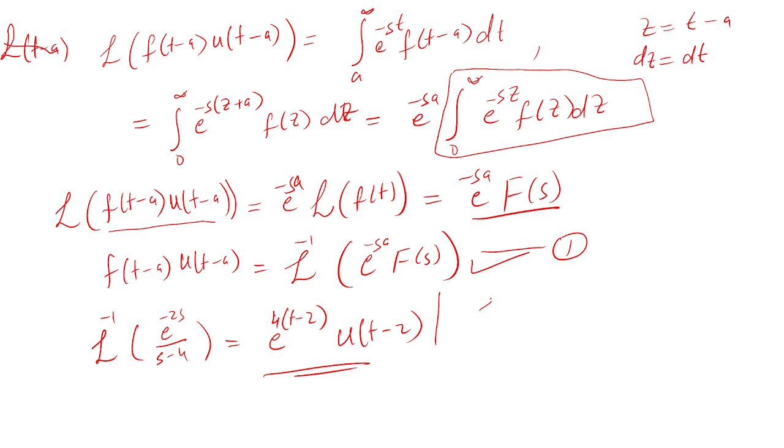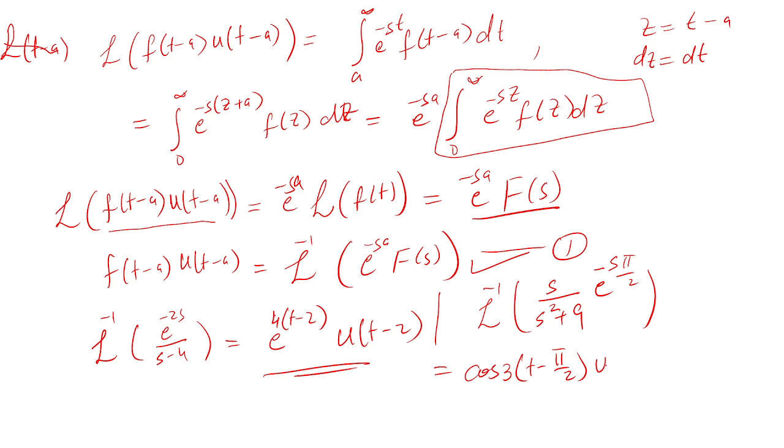Now let's take the Laplace inverse of s/(s^2 + 9) times e^(-s pi/2). So this will be cos 3t, but the t is displaced by pi/2, with the unit step function of t minus pi/2.